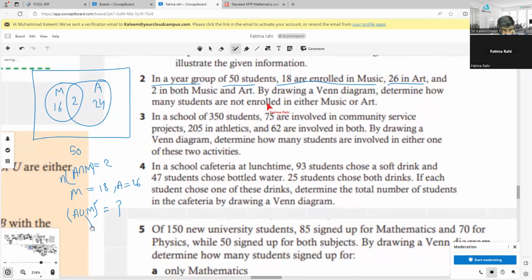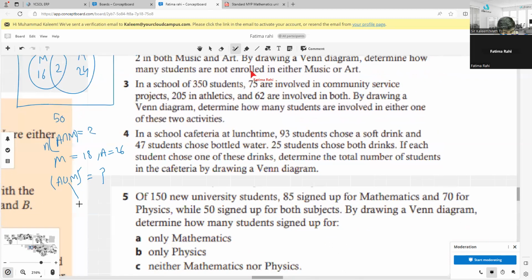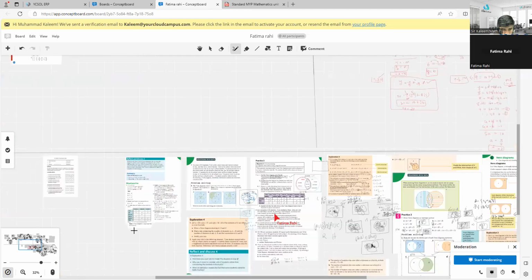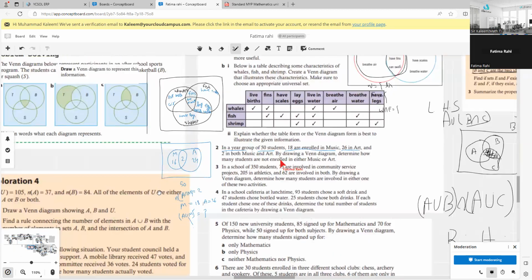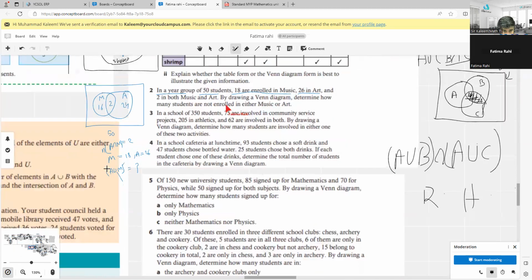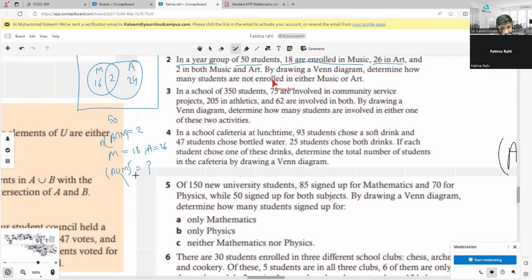Just give me a second, let me check it out. A union M complement. How many in total in A union M? 26, 32, 42.